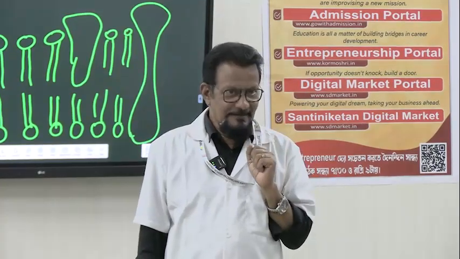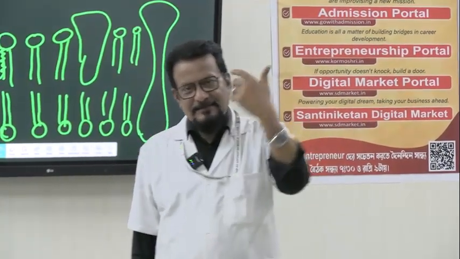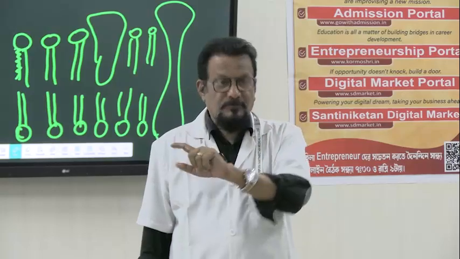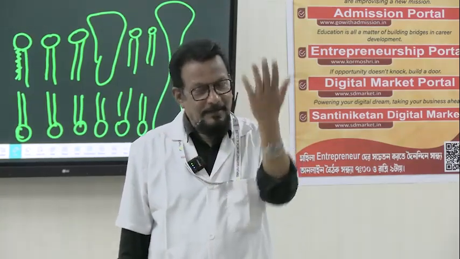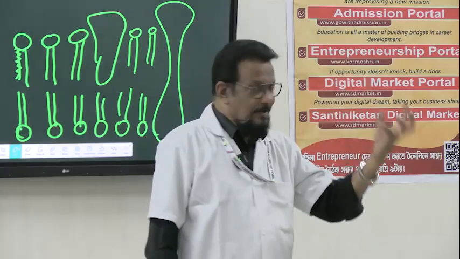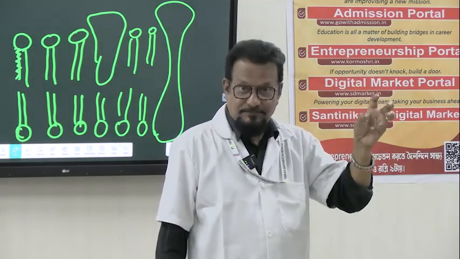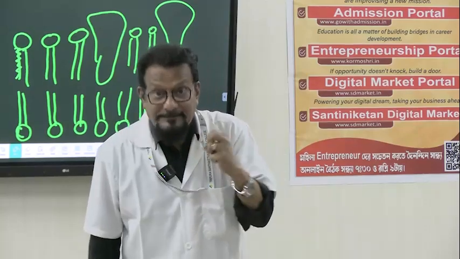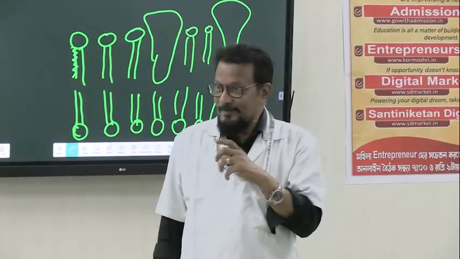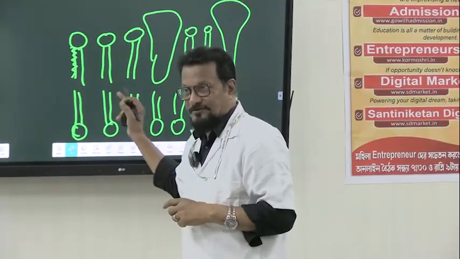And some transport proteins are there. They help transfer of certain required substances from outside the cell into the cell. Some are protecting the cell, residing at the outer surface.